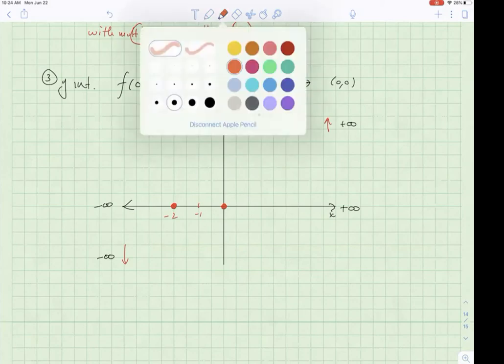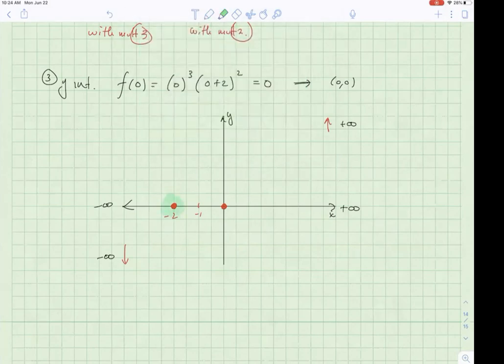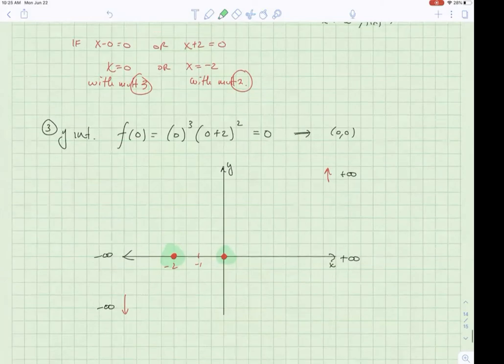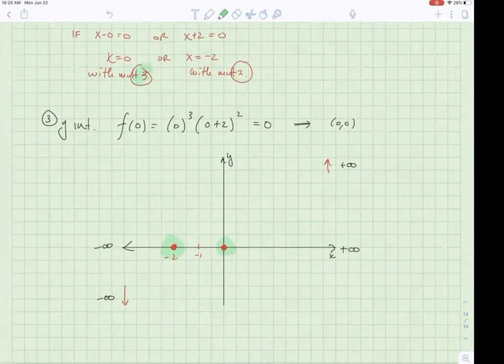And then, of course, we have our behavior near those zeros according to their multiplicity. At 0, it's a multiplicity of 3, which means it's going to be the snake. And so if this is our end behavior, this has to go up in this direction, but it has to come through this 0, get really flat, and snake through. So it's got that snaky behavior, very snaky.